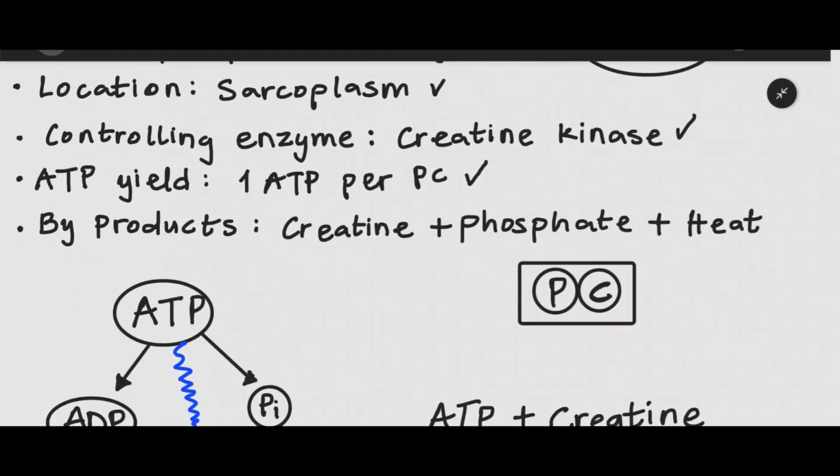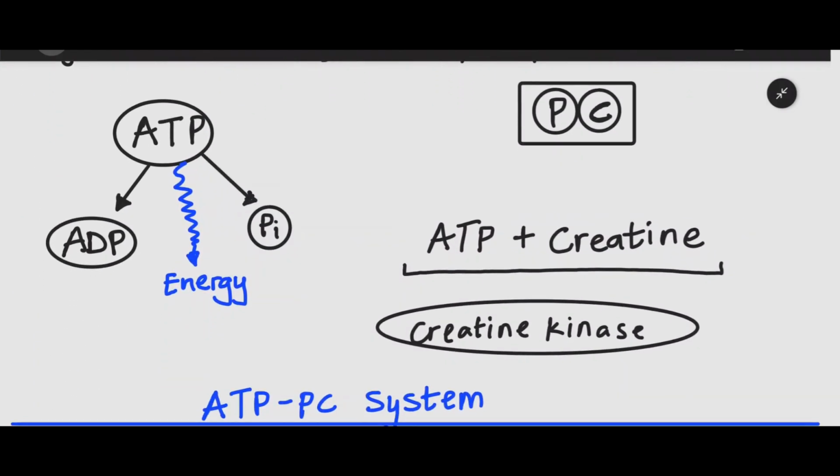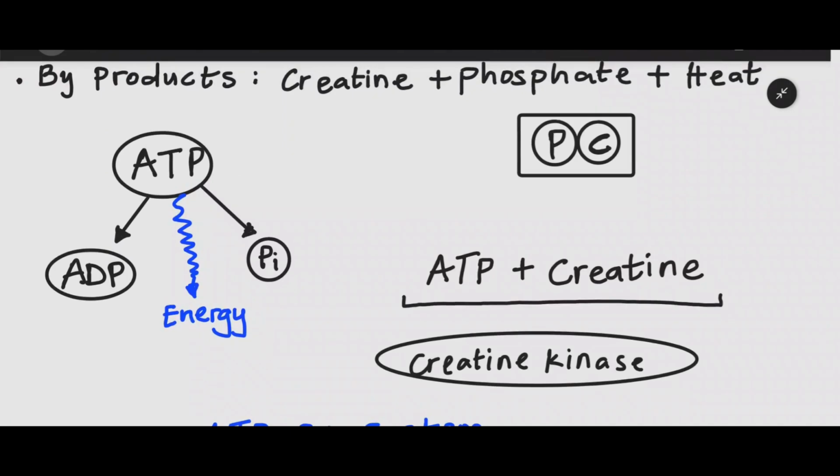And the way the system works in effect is that once that ATP reaction happens to break down into ADP and P to be able to release energy, you have ADP and P left, and we want to convert that to ATP.